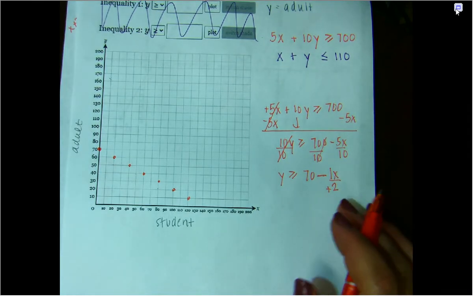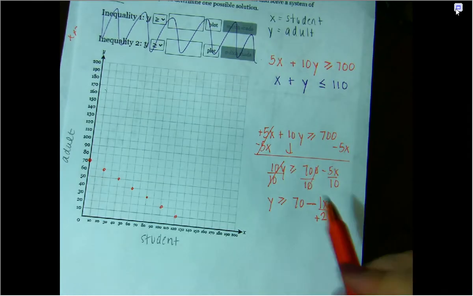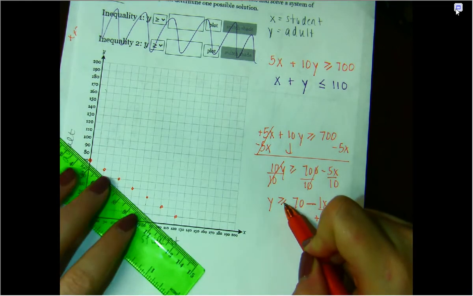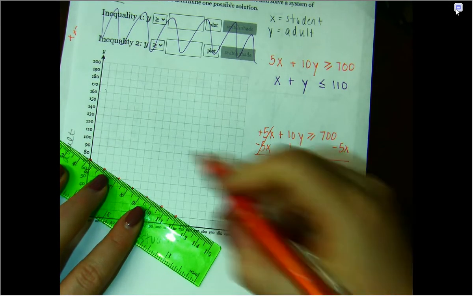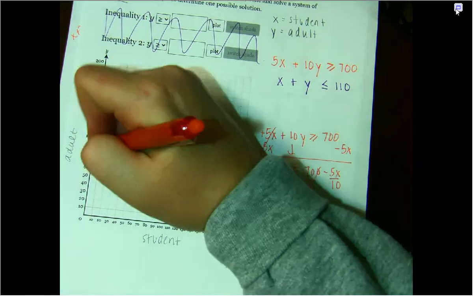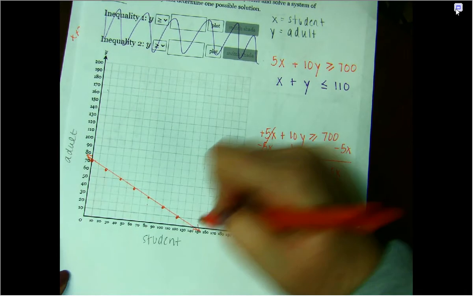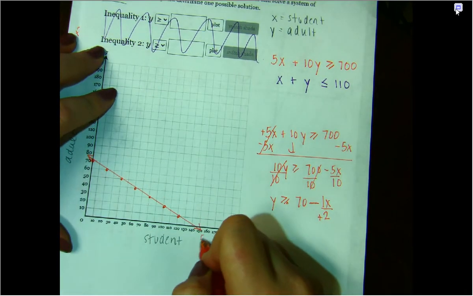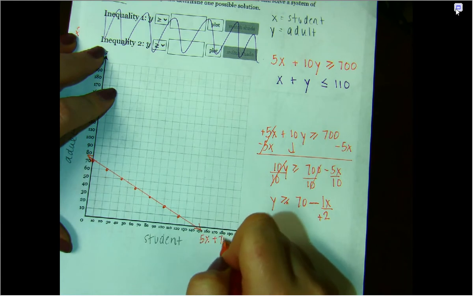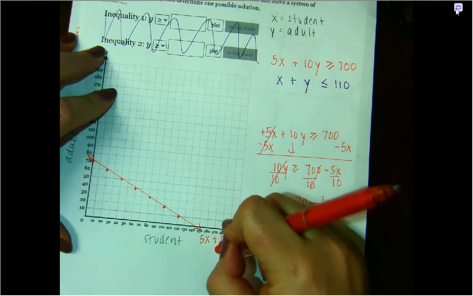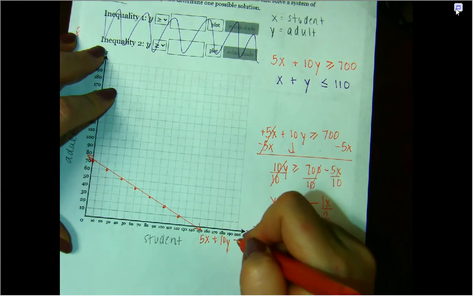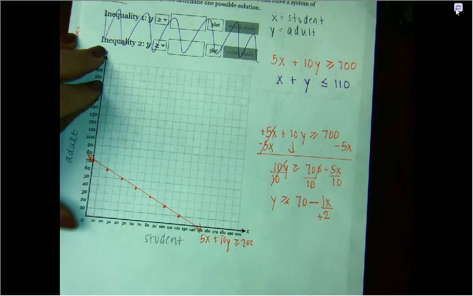Now I have to determine my line type. Solid line here, solid line on your graph. That's how it goes. And now all I have to do is label it and shade.